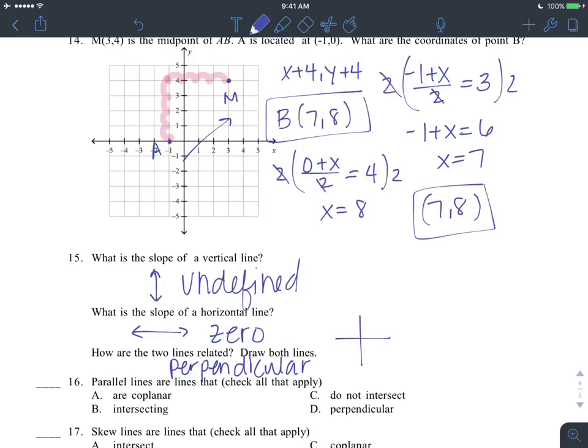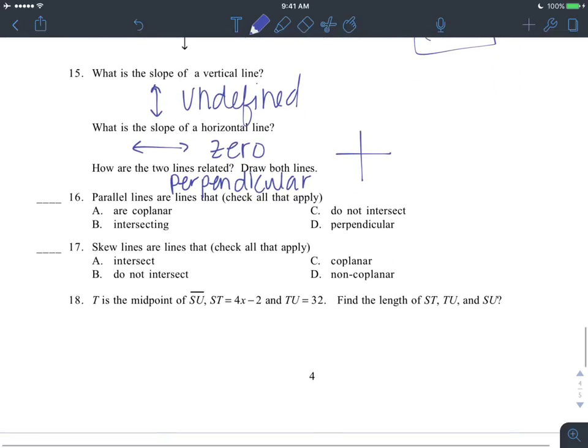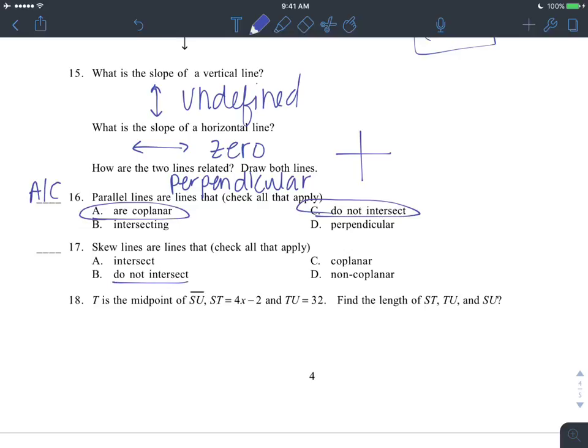Okay, they are perpendicular. Our parallel lines are lines that do not intersect. They are also coplanar, so it's A and C. Skew lines are lines that do not intersect and are non-coplanar, so that's B and D.